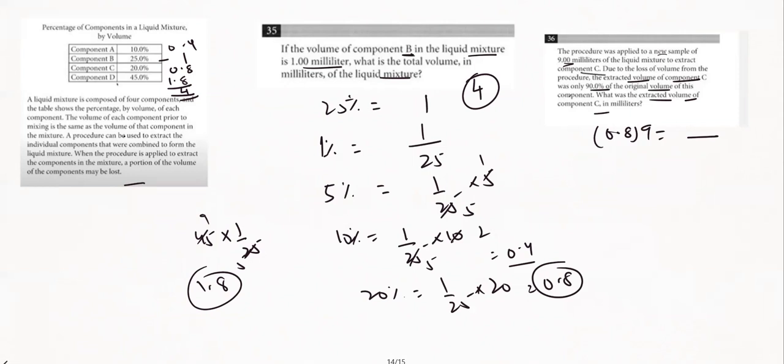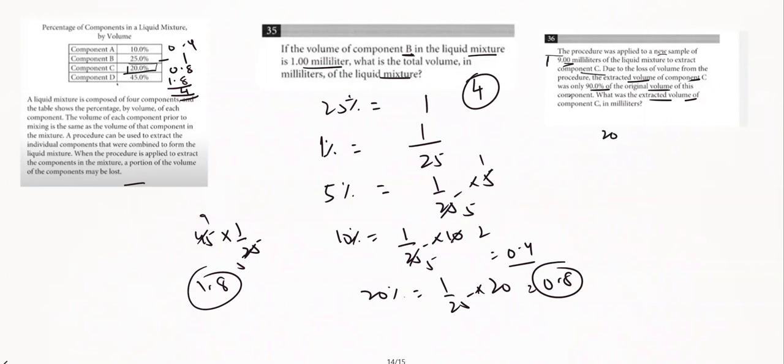Due to the loss of volume from the procedure, so let's have a look at it. They are saying 9 milliliters of the liquid mixture to extract component C. Component C is 20%.